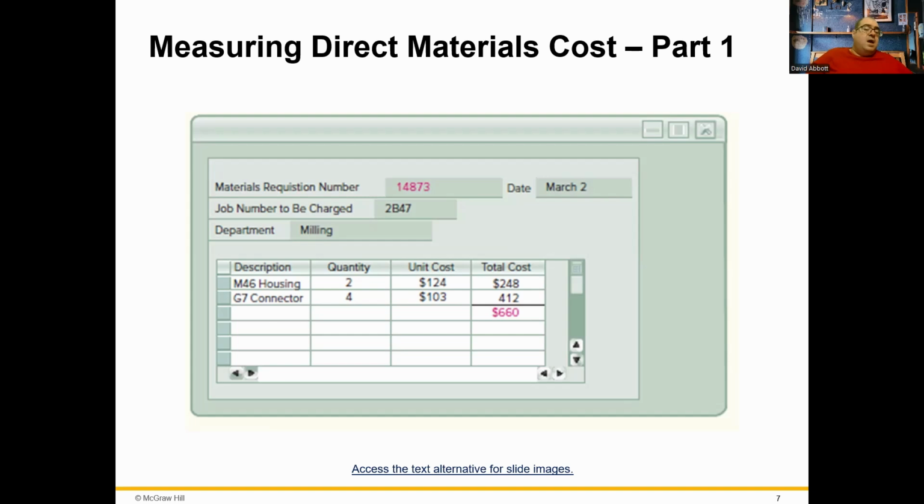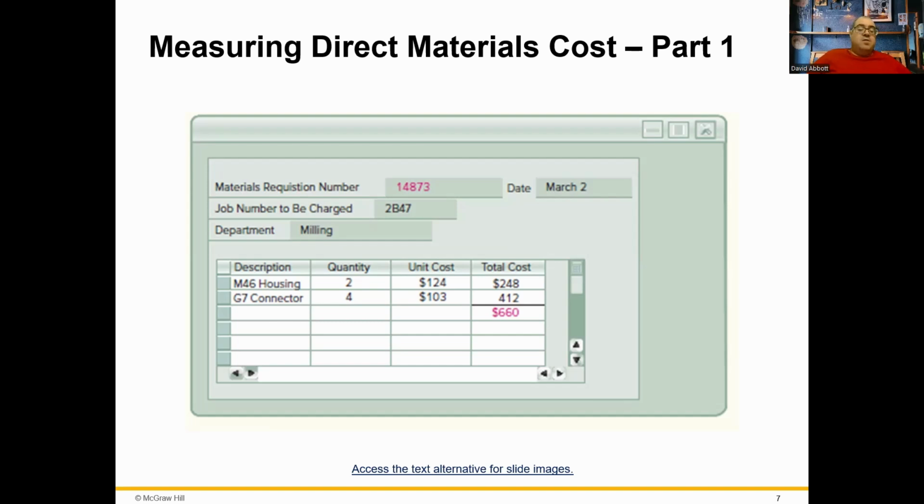So we see here that once a sales order has been received, a production order is issued. The production department then prepares a materials requisition form to specify the type, quantity, and total cost of materials. In this case, we know that the total materials is 660, and we see how many of each housing and connector they need to do this job.